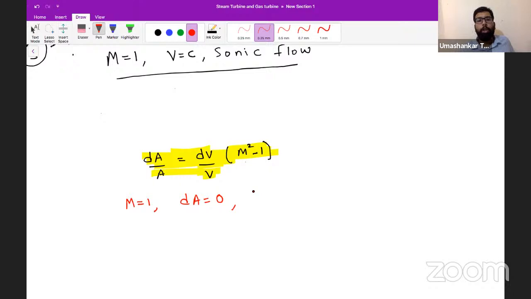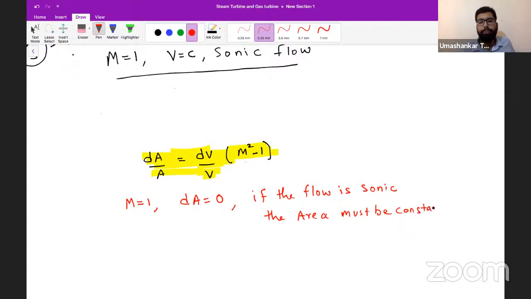So in English, can we write like this: if the flow is sonic, the area is constant, or the area must be constant? Now tell me yes or no. If the flow is sonic, the area must be constant.